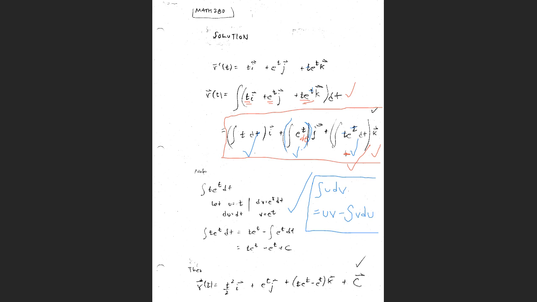So I let u equal t and dv equals e to the t dt. And I get this here. Just let me know if you have any questions. I think the writing's pretty clear, but let me know if there's anything you can't read.